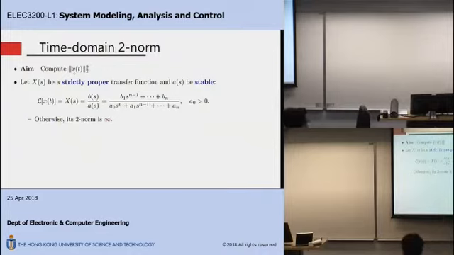Then the two norm is infinity. We know that the two norm of an impulse function is infinity.